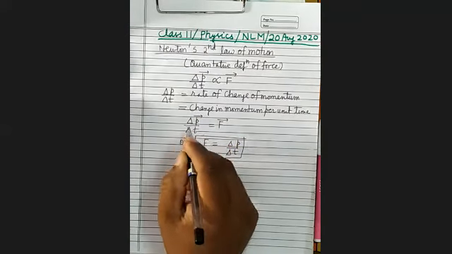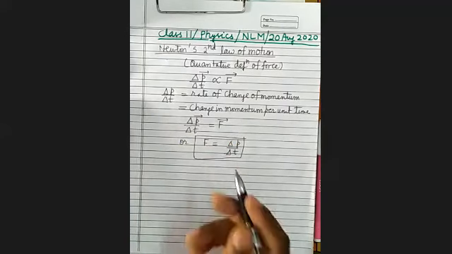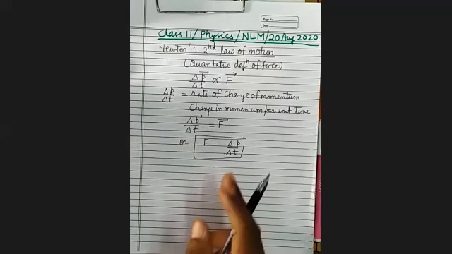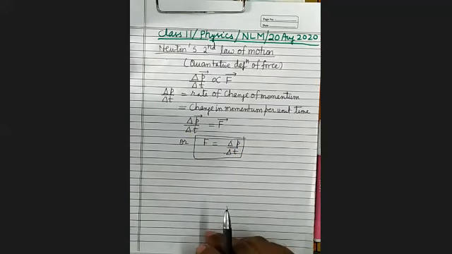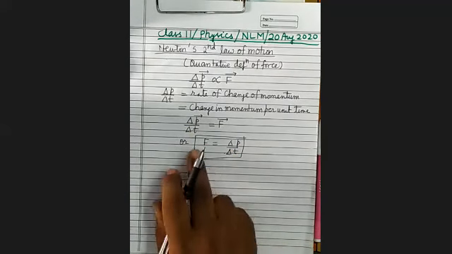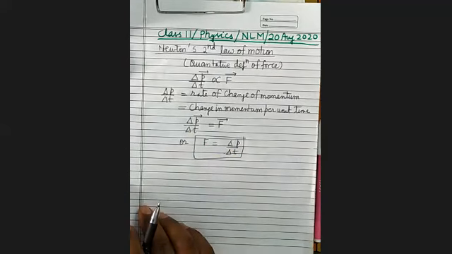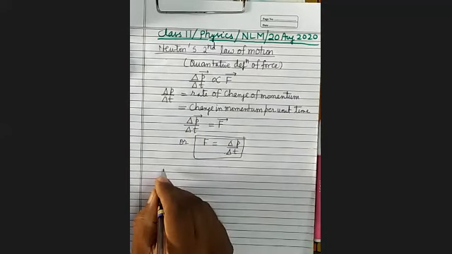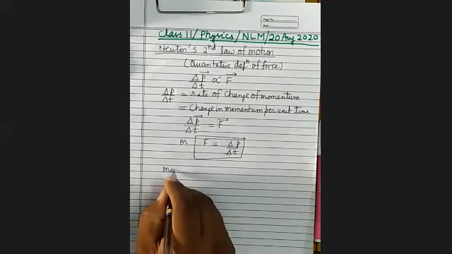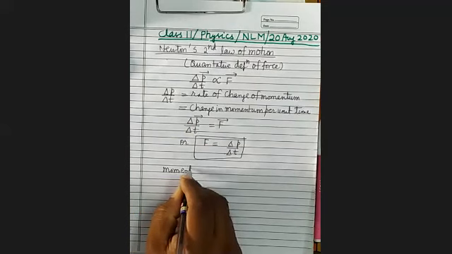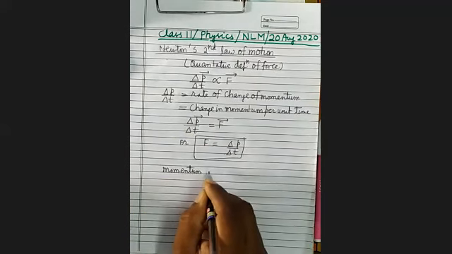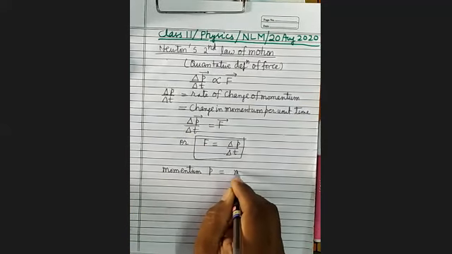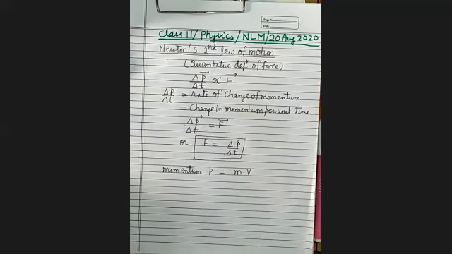Here in vector form you will write it this way when you are doing some calculation. So F equals to delta P upon delta T. Now as we know, momentum is denoted by the symbol P. It is equal to the product of mass into velocity. It's clear?